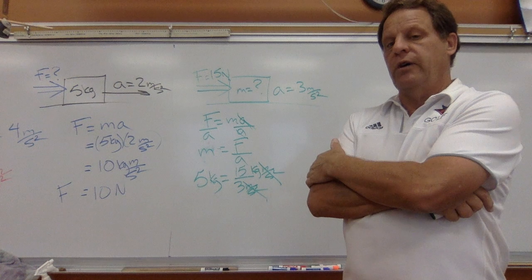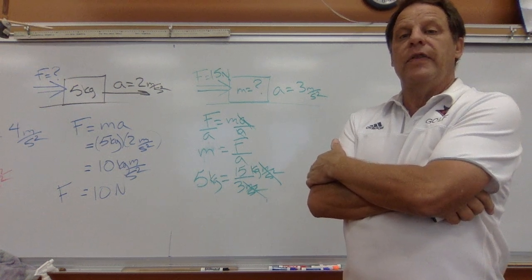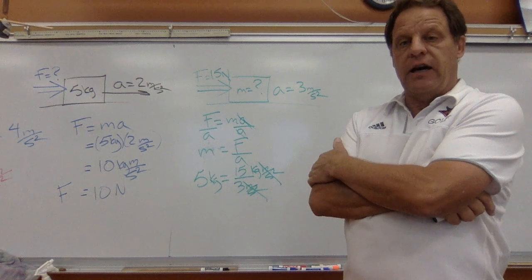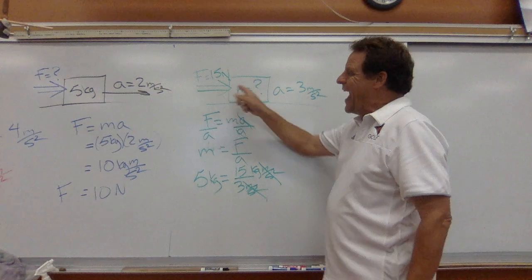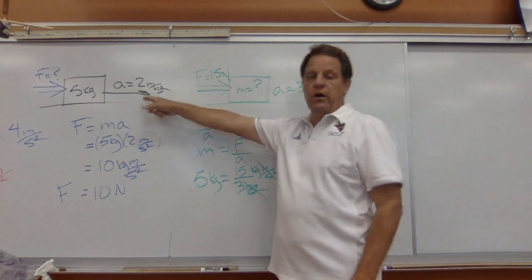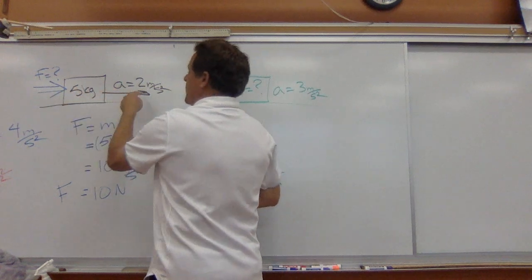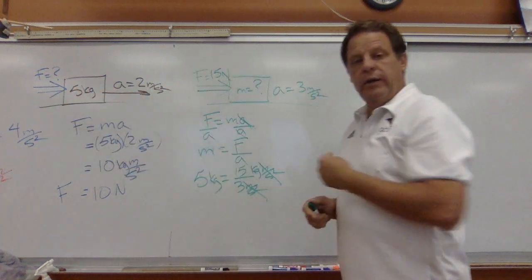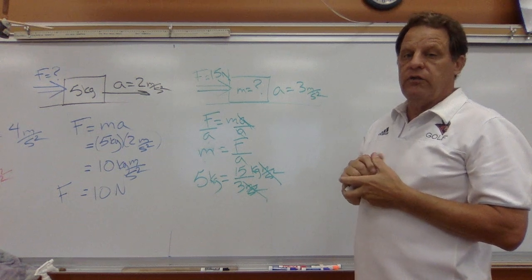If you go back to week 2, you may remember that a vector has direction. Now, I didn't talk about it here, but if you look at where I'm putting arrows, we can see that if the force is going this way, the acceleration is going that way. So I've used arrows, which is telling you what the direction is.